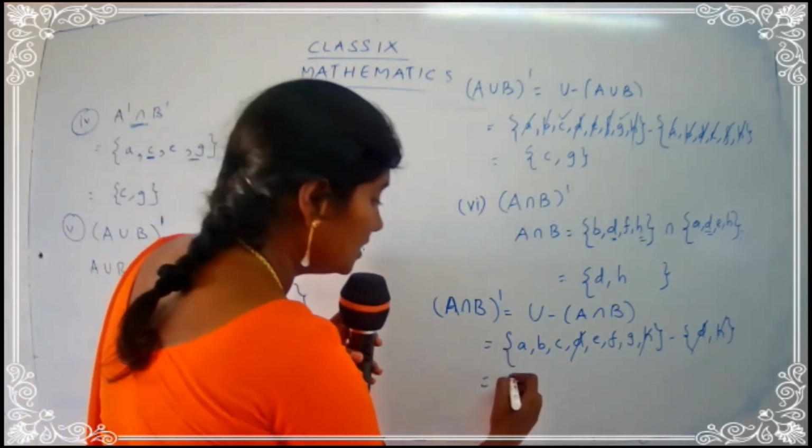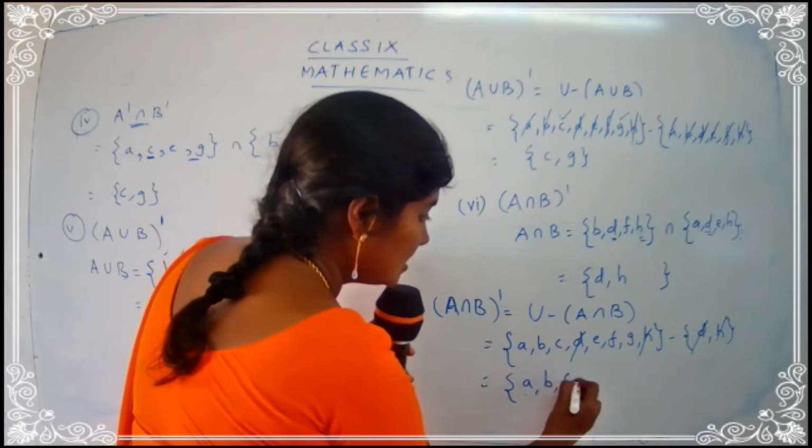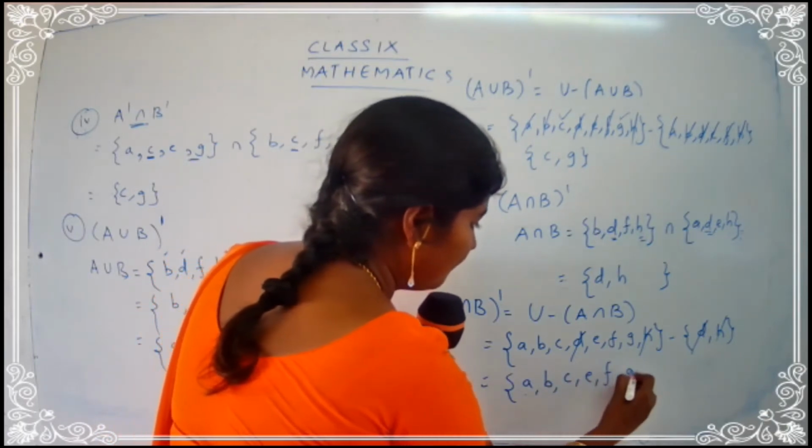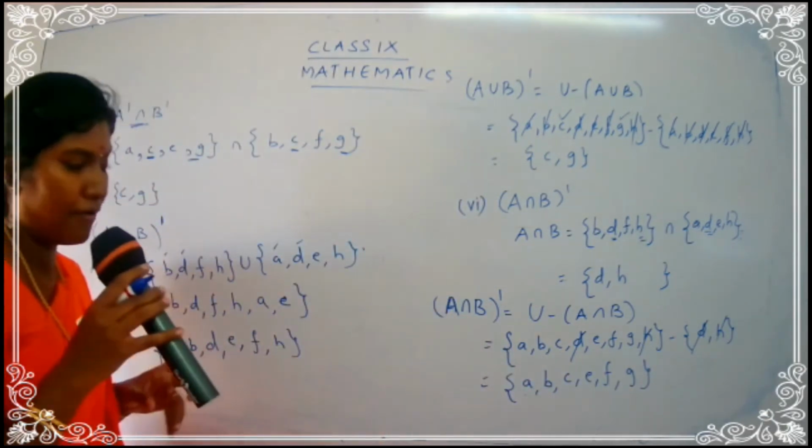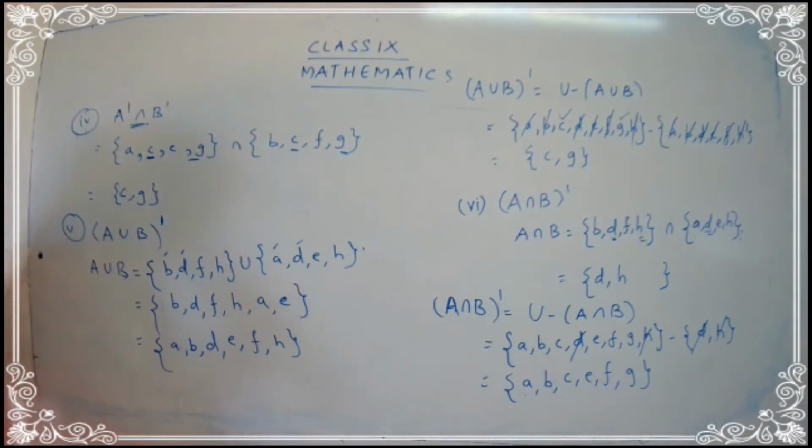What are the members? A, B, C, E, F, G. Yes. So we have found A intersection B the whole dash. What is the answer? The answer is A, B, C, E, F, G.